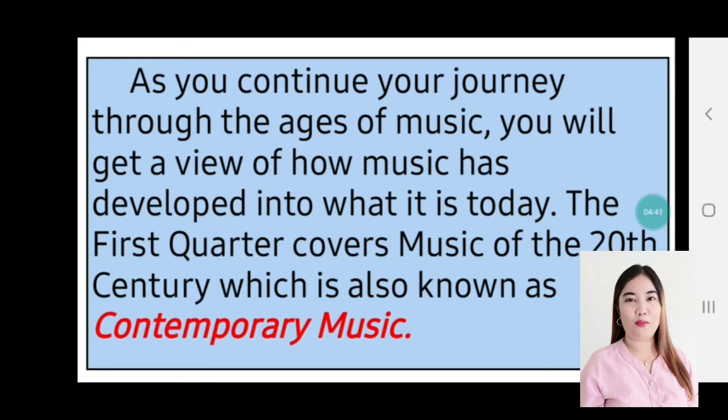Actually, there are several styles of music during the 20th century, but we're going to discuss first the 4 musical styles. We cannot discuss all the musical styles of the 20th century for 1 week only. It takes a lot of weeks to finish these musical styles. Okay, so are you ready for the first one?